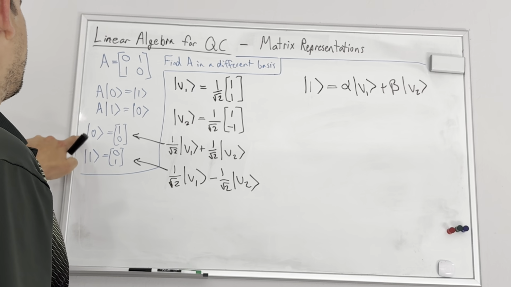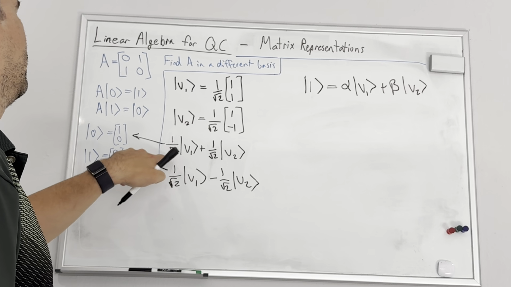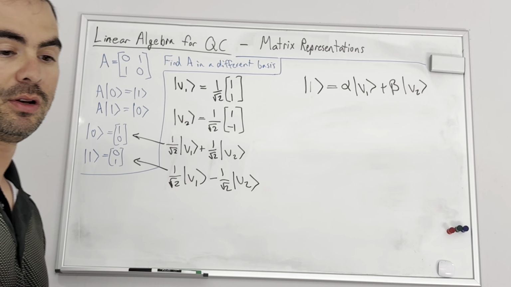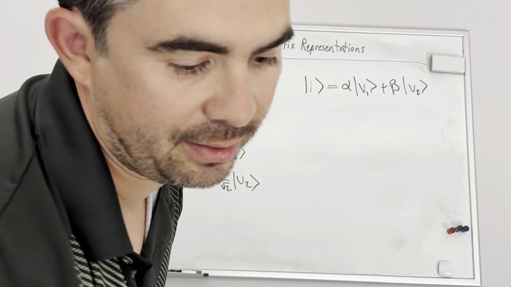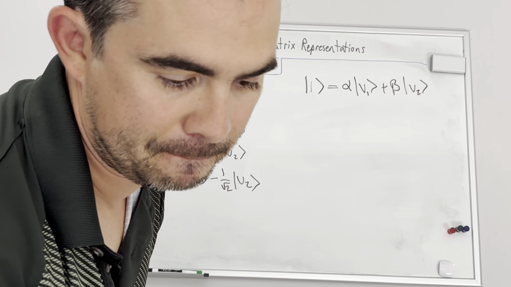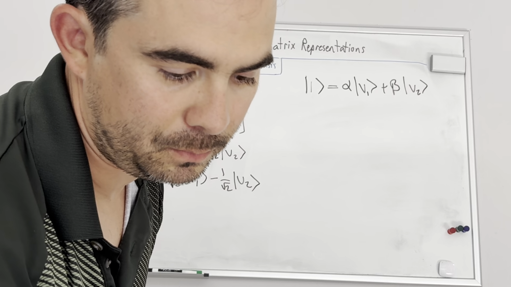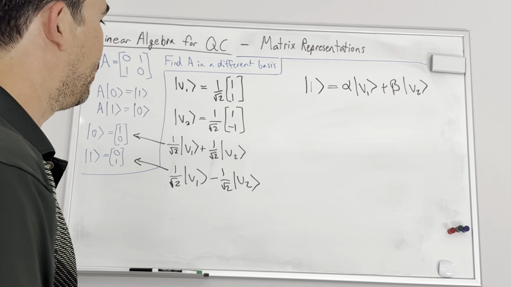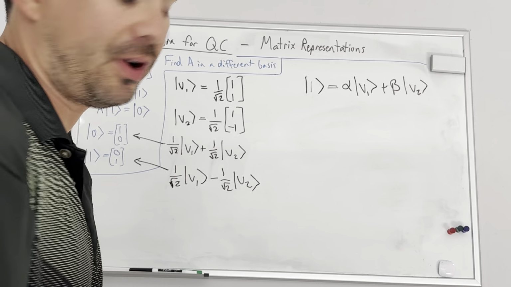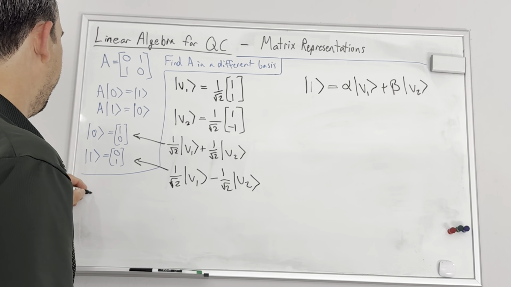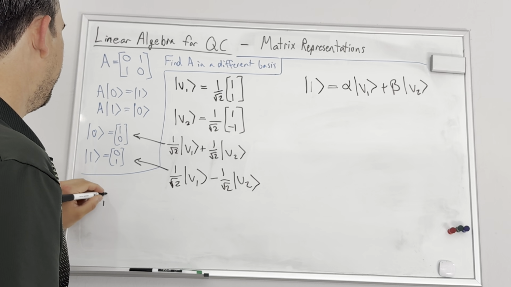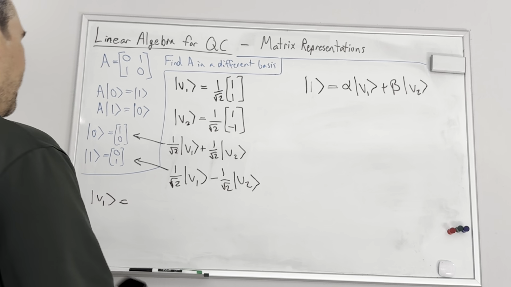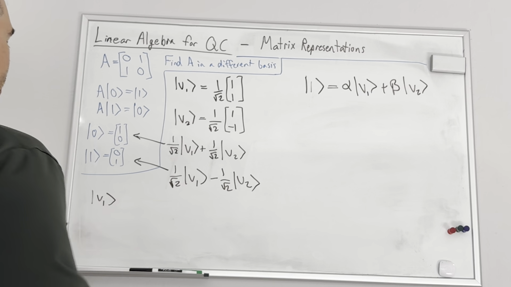Okay, so the 0 vector can be rewritten as this, the 1 vector can be rewritten as that. Taking it a step further, we can actually redefine v1. So this is just algebra. I'm skipping the algebra. You know, don't skip leg day, don't skip algebra. Well, I'm skipping the algebra.